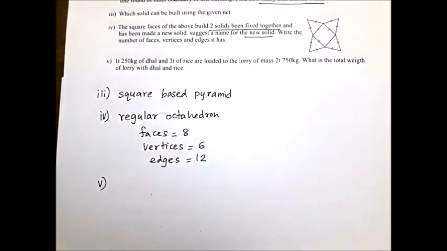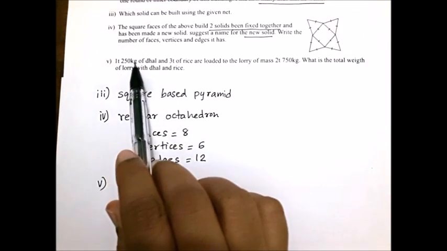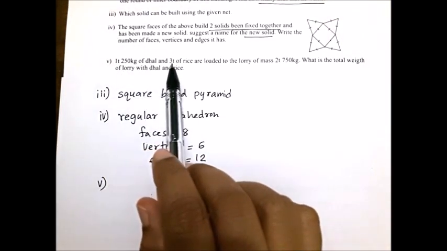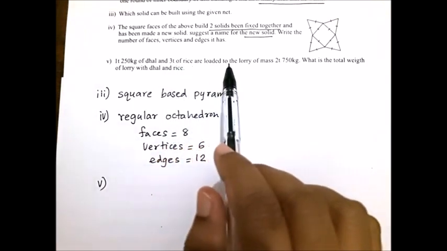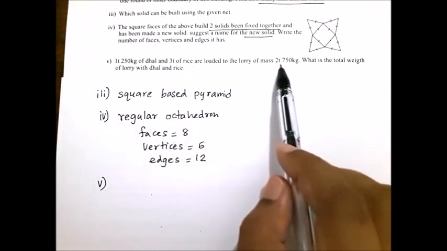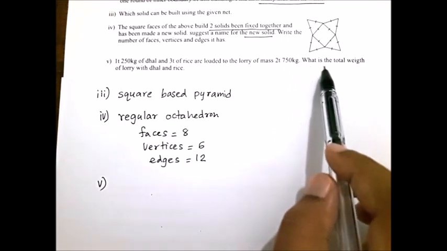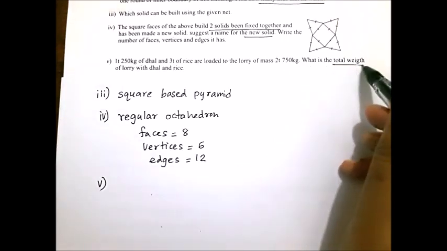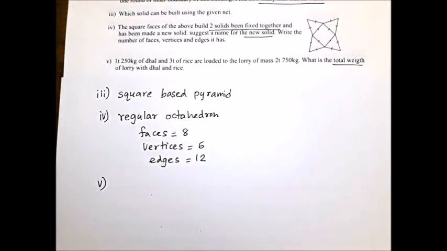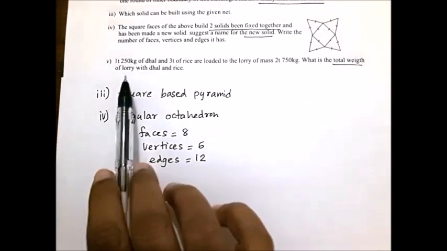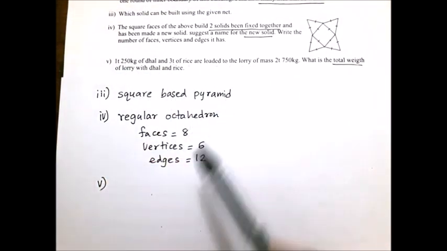Fifth part. 1 metric ton 250 kg of dal and 3 metric ton of rice are loaded to a lorry of mass 2 metric ton and 750 kg. What is the total weight of the lorry with dal and rice? Take the sum of these three masses.